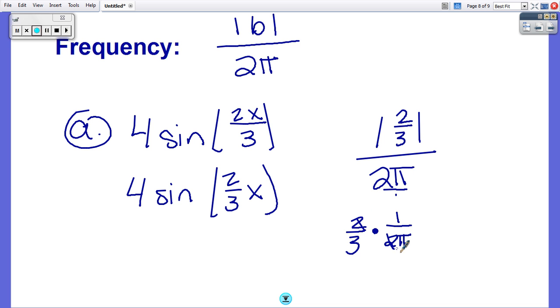My 2's cancel out, so I'm left with 1 over 3 pi for my frequency. So 4 times the sine of 2/3 x, the frequency of that is 1 over 3 pi. And that's it for this section. Told you it was going to be a short video.